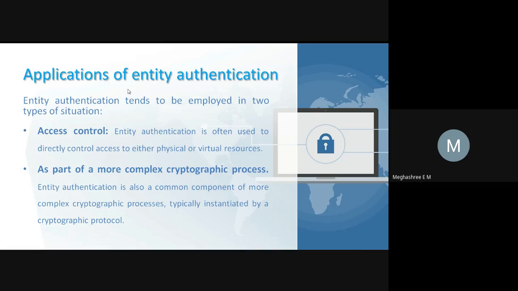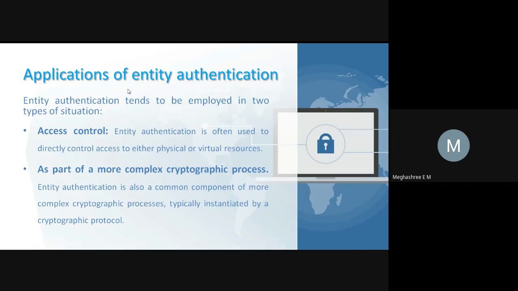Because entity authentication is used to directly control access to either physical or virtual resources. Sometimes an entity can be a human user where you must provide assurance of their identity in real time in order to have access.